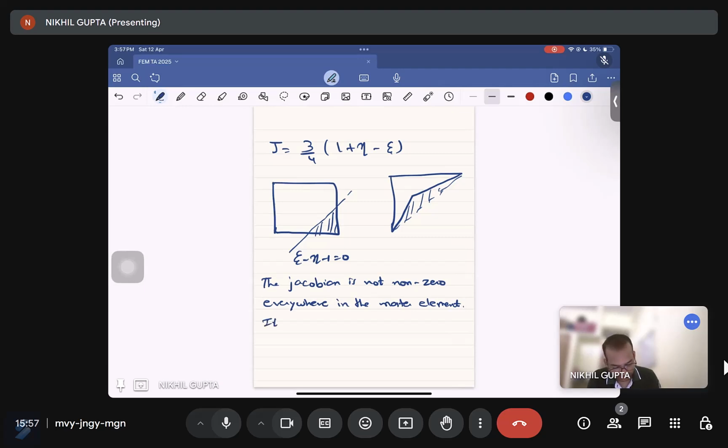It is 0 along the line xi equals 1 plus neta, shown by shaded area.